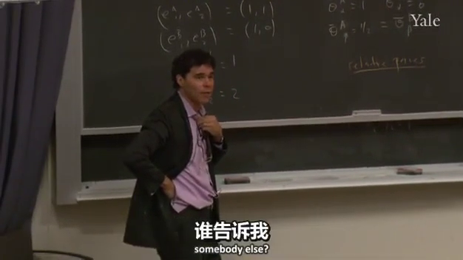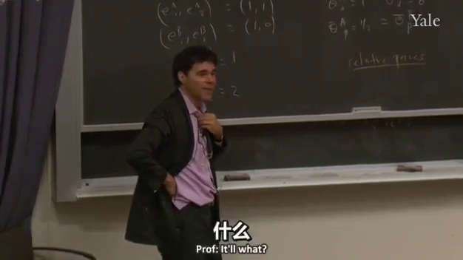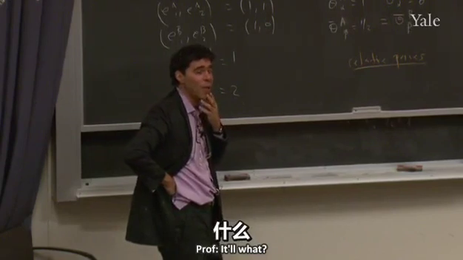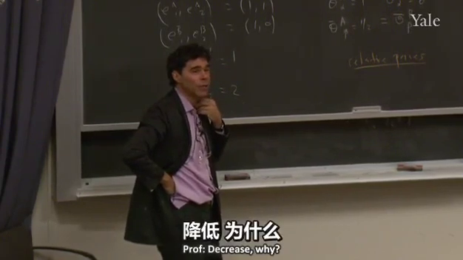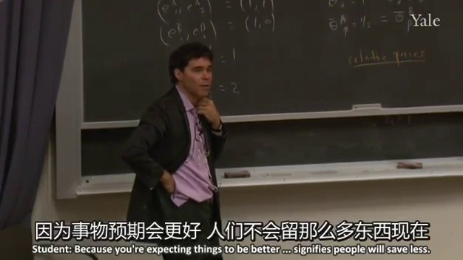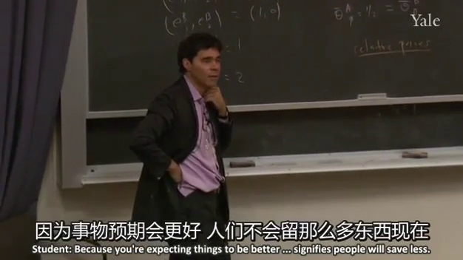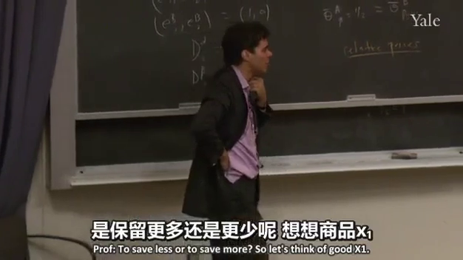Somebody else. It'll decrease. Okay. Why? Because you're expecting things to be better in period 2, so you need to incentivize people to save less. To save less or to save more?